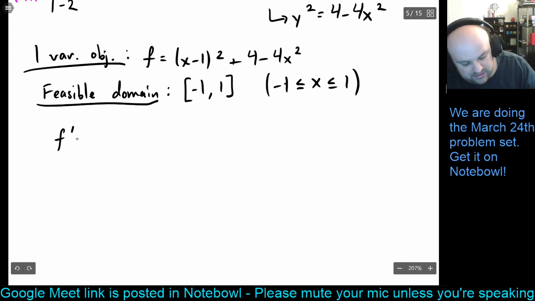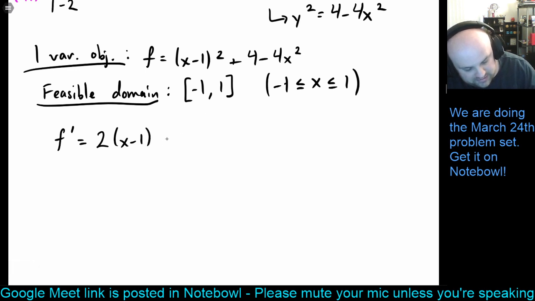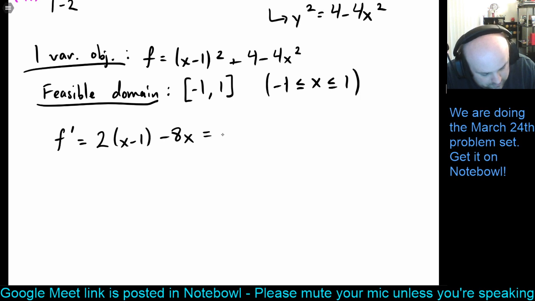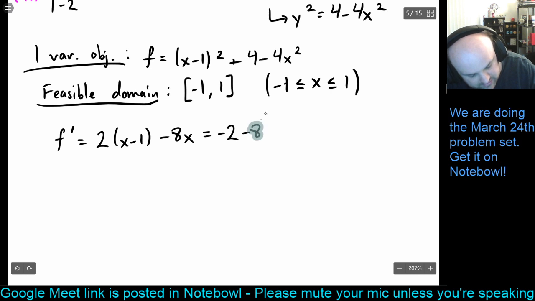All right, so let's look at the derivative. This is going to be 2 times x minus 1. That part's done. This is gone. Minus 8x. So this is -2 minus 8x, or minus 6x, equals 0.